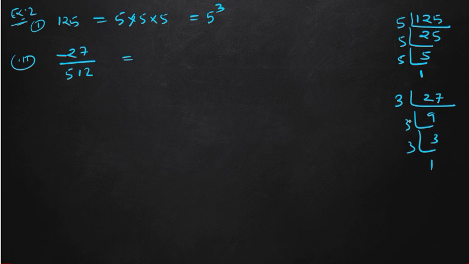But if it comes an even number of times, the negative will not be there. So minus 3 into minus 3 into minus 3, divided by 512.